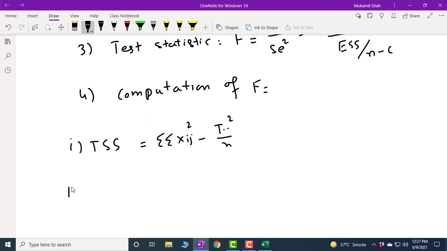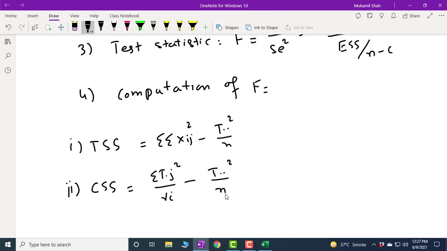Then you need to calculate the column sum of square, and the column sum of square for unbalanced data is equal to summation t dot j square divided by rj, minus t double dot square divided by n.